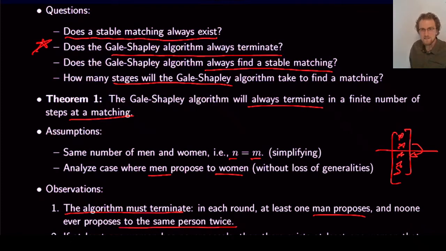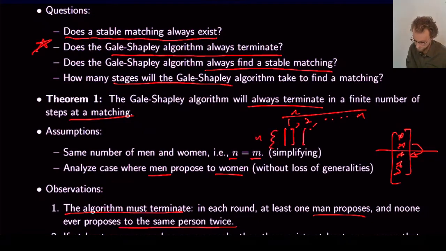After I've been rejected from somebody, I never go back to them. And so that means that there's only a finite number of proposals that can be submitted. So we have a list of n men, 1, 2, all the way up to n. And how many preferences does each of these men have? Well, he has exactly n. The preference list of person 1 has exactly n people in it.